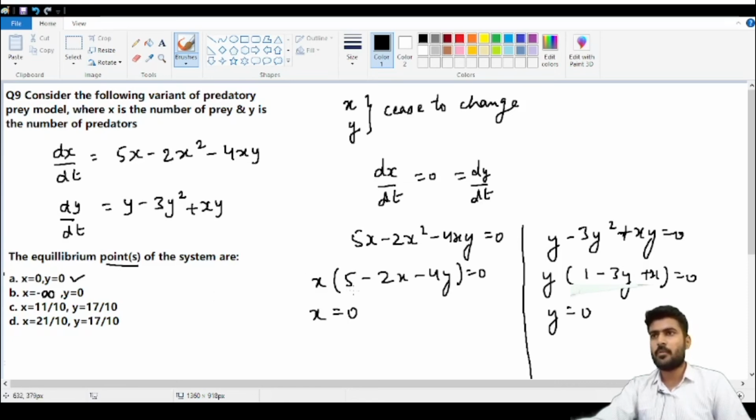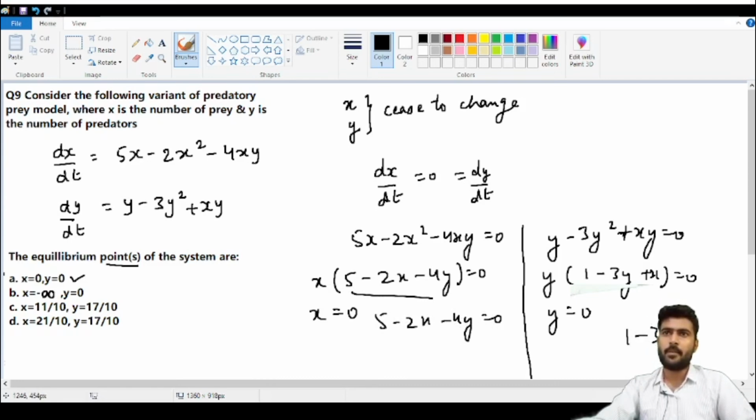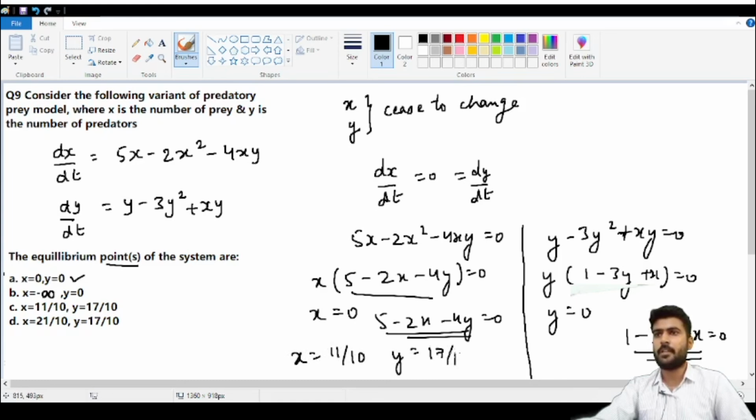So we are given 5 minus 2x minus 4y is equal to 0 and 1 minus 3y plus x equal to 0. If we solve these two equations in two variables, we get x equal to 11 upon 10 and y is equal to 17 upon 10, which is option C. So in this question, options A and C are correct.